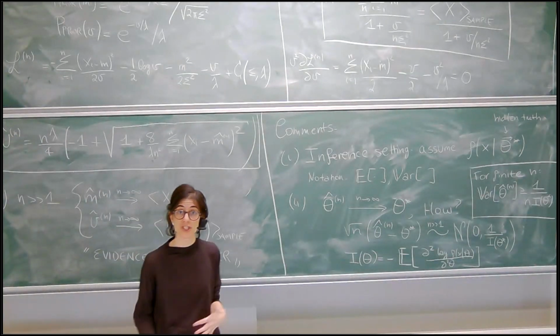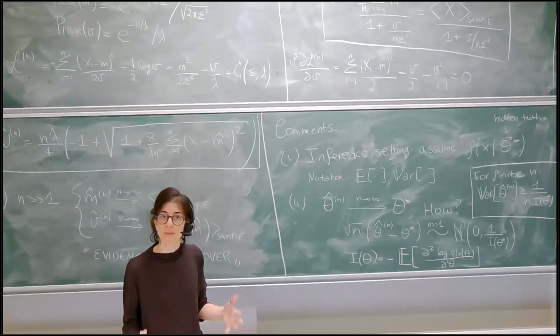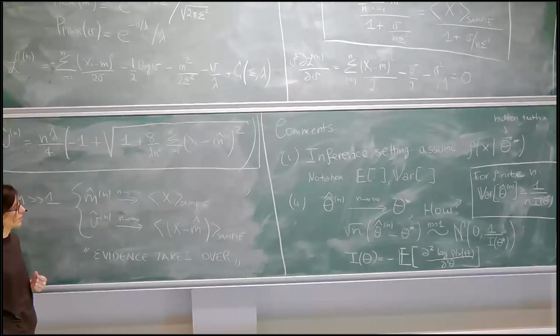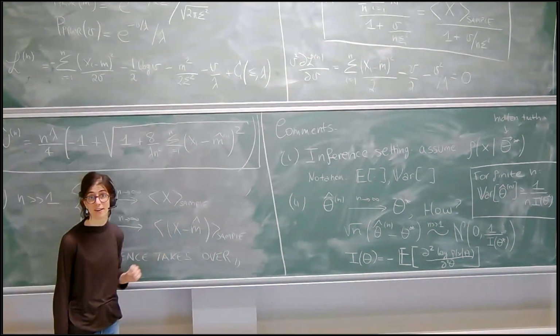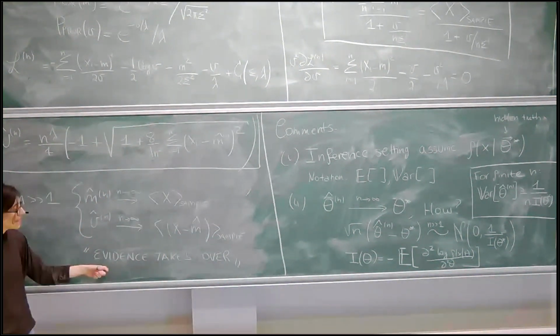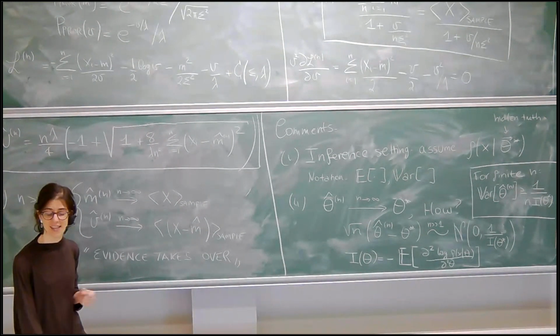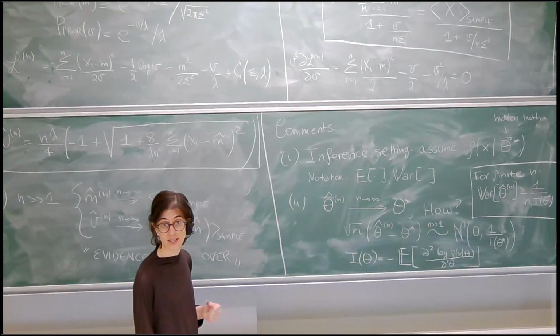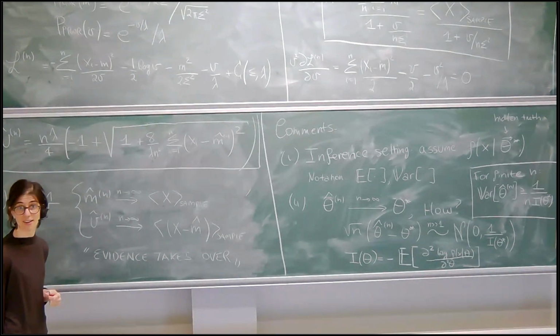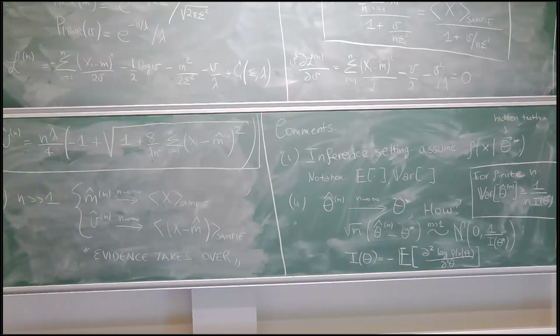But in the limit in which your sample becomes infinite, the information about this guess becomes not relevant, so it disappears from your expression, and the only thing you are left with are the data. So in the limit in which n goes to infinity, evidence, which means the information contained in your data, becomes the only relevant thing to estimate these parameters, and you can forget about your prior information because your data are enough to give you information about the structure of your distribution.